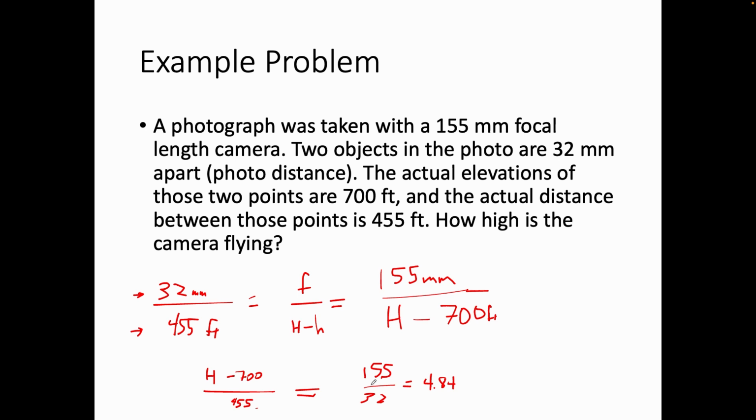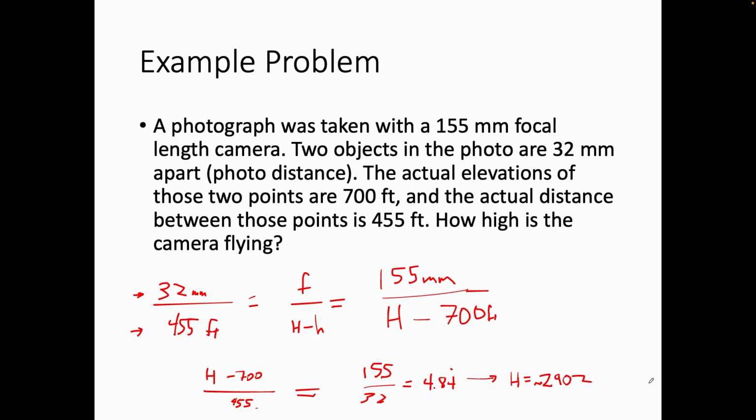We take 4.84, multiply it by 455, and then add 700, and that will give us our camera elevation, approximately H equals 2,900 feet. It's actually about 2,902 or so, but roughly 2,900 feet.